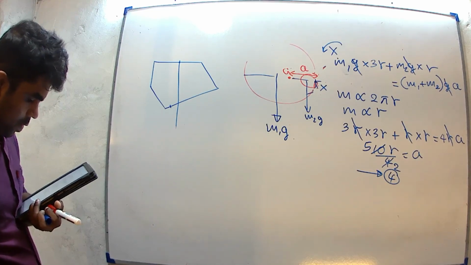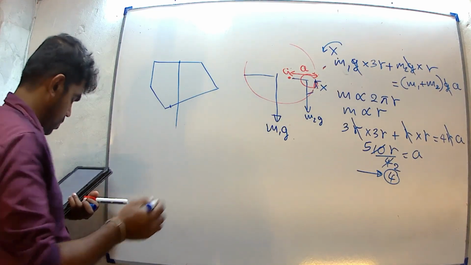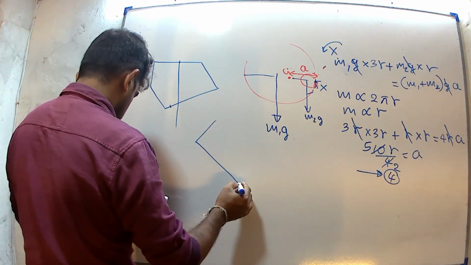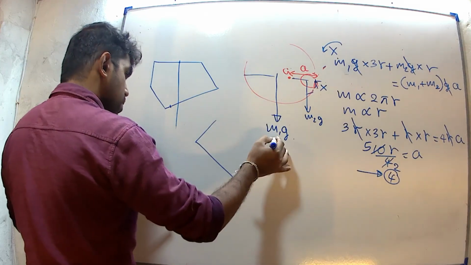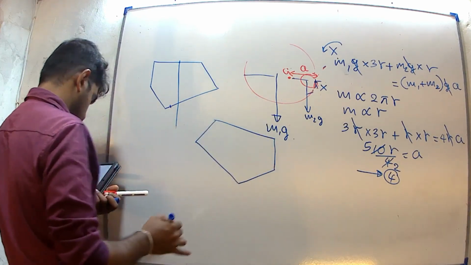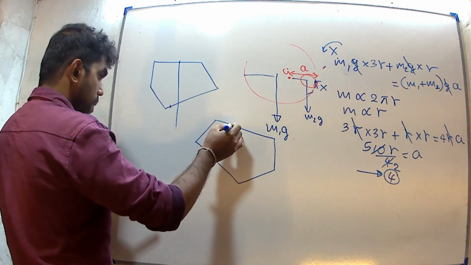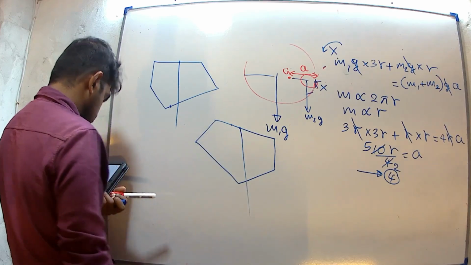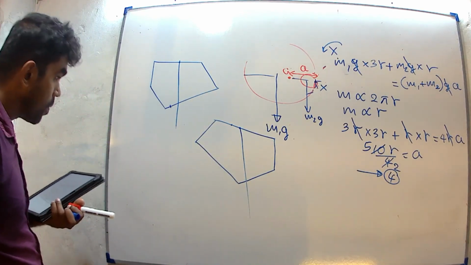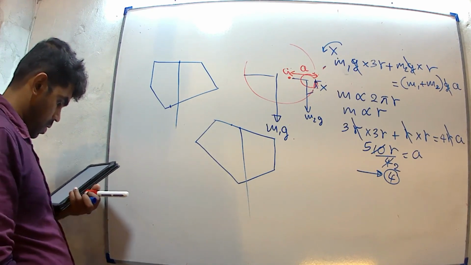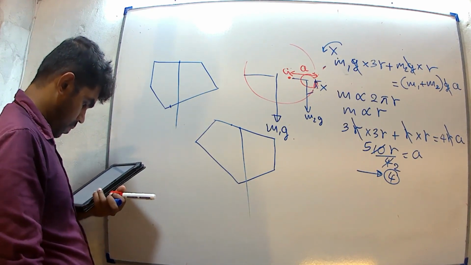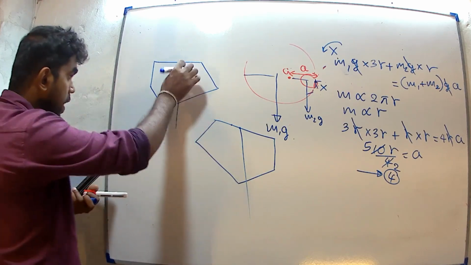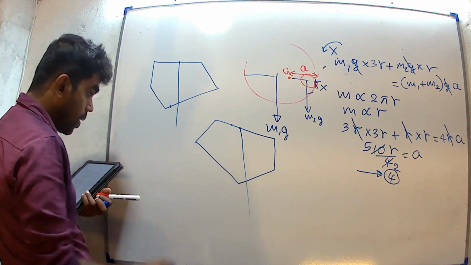And for the second situation, it is like this, a vertical line. Then we can draw this vertical line in this figure from this point.